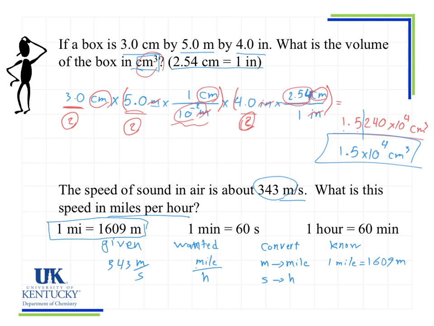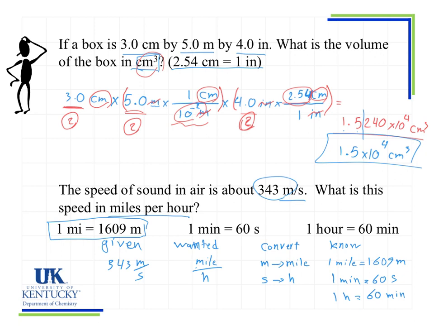Like we know that 1 minute is 60 seconds and 1 hour is 60 minutes. I have to change the color not to mix up. So we know all of these equalities, we know our conversion, we know what is given and what we want.